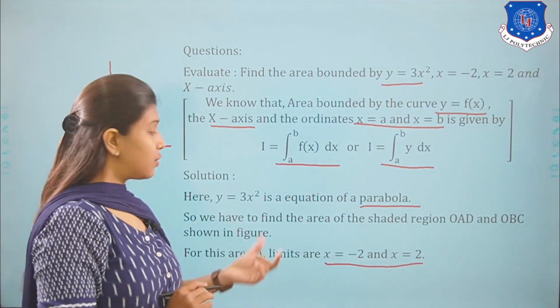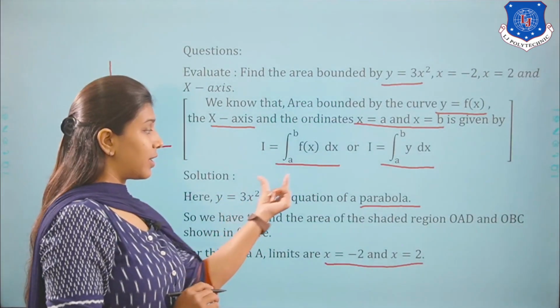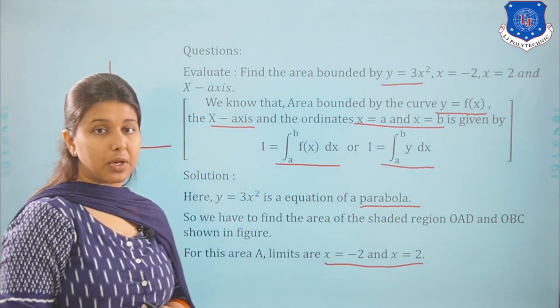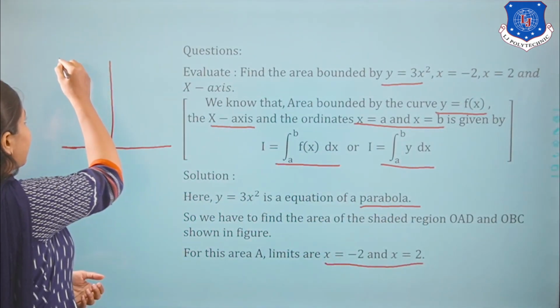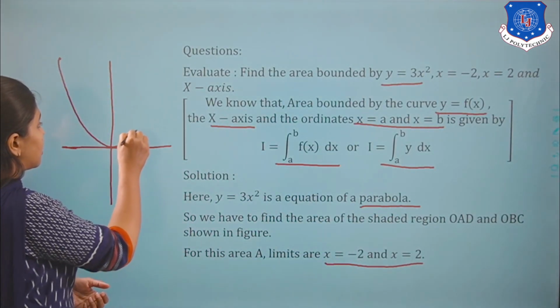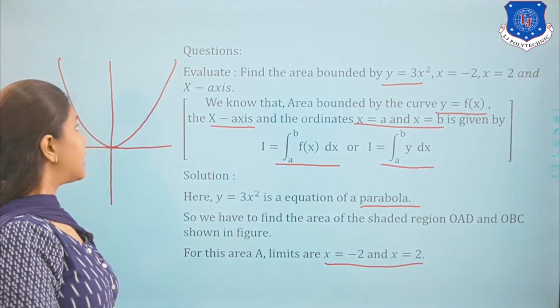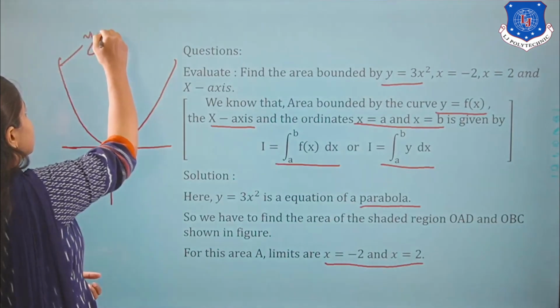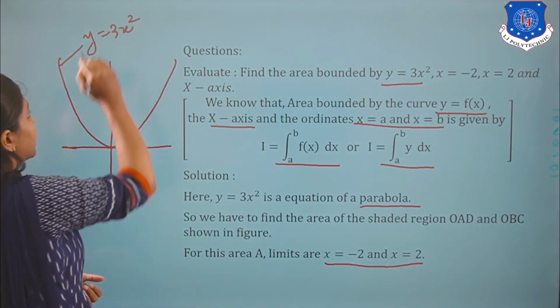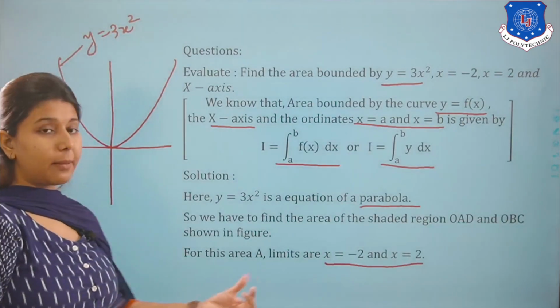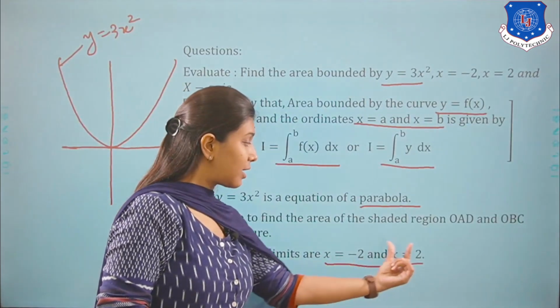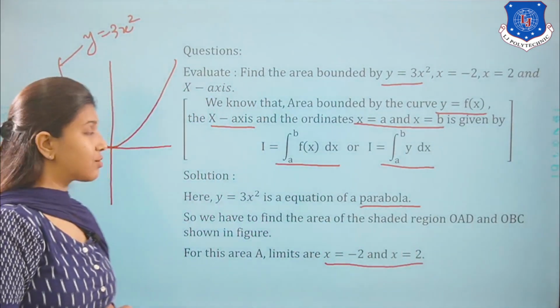now your function y is equals to 3x square is nothing but a parabola, and you know that parabola is like this. This is y is equals to 3x square. Now your limits of x is equals to minus 2 to x is equals to 2.